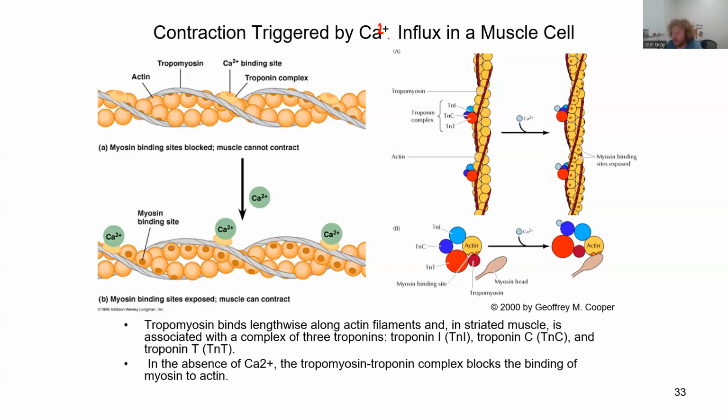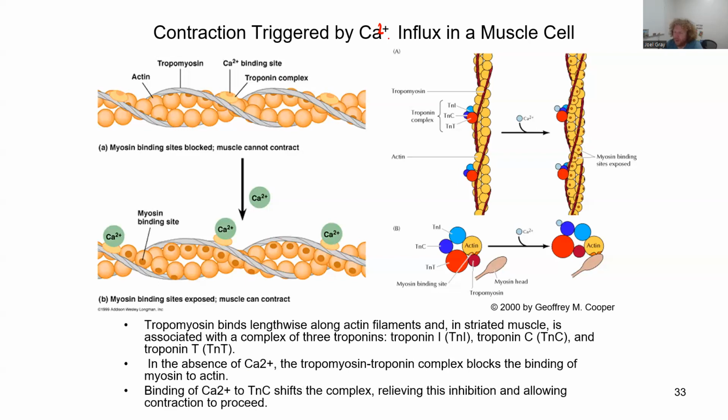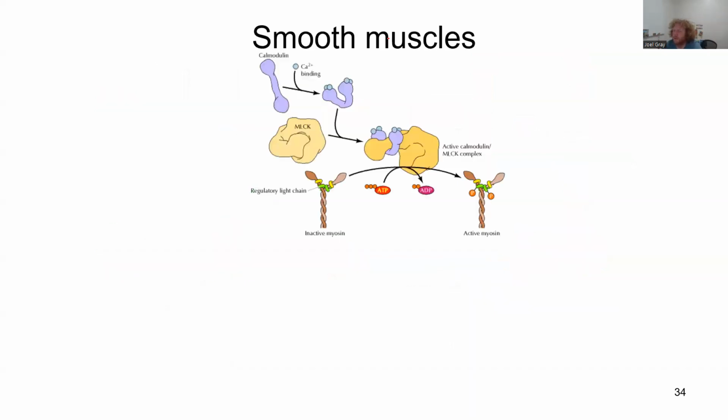So this is going to prevent myosin from binding to actin, in which case the binding of calcium to TnC, troponin C, shifts the complex, relieving this inhibition and allowing contraction to occur. So basically, this troponin-tropomyosin complex is going to prevent contraction of muscles. But as soon as calcium binds to it, then that contraction and relaxation can begin again.